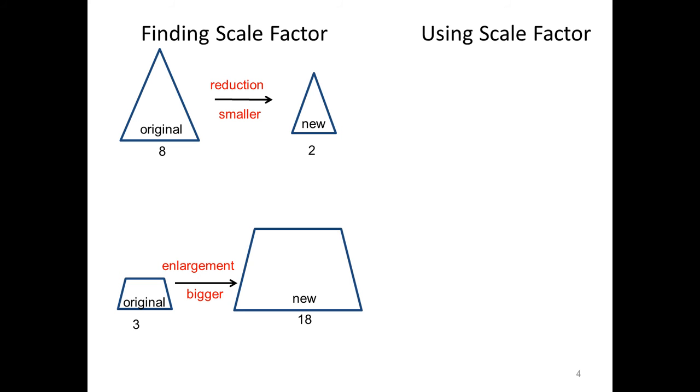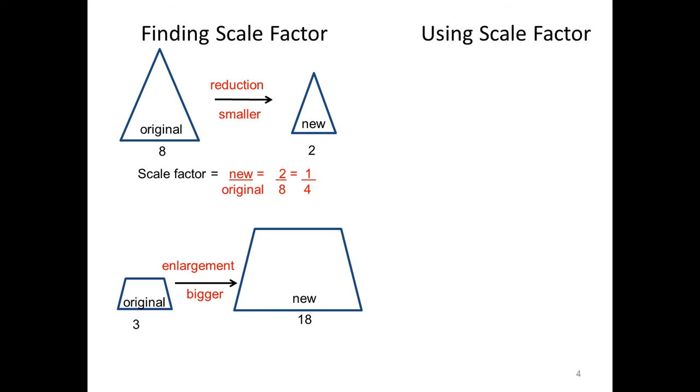To find the scale factor, we're going to take the new side over the original side. Well, the new side has a length of 2, and the original side has a length of 8. So we have 2 over 8, and 2 over 8 reduces to 1/4. And now you might want to remind yourself, it's a reduction, it's getting smaller, my scale factor must be less than 1, and 1/4 is definitely less than 1. So in all likelihood, we've done this correctly.